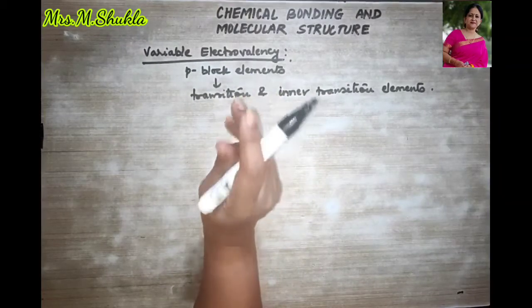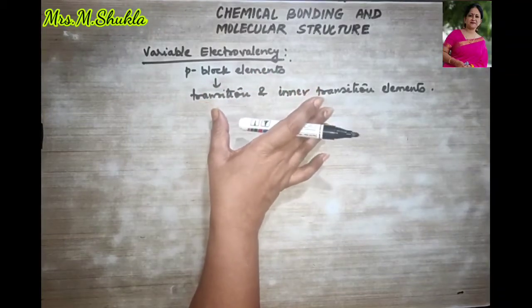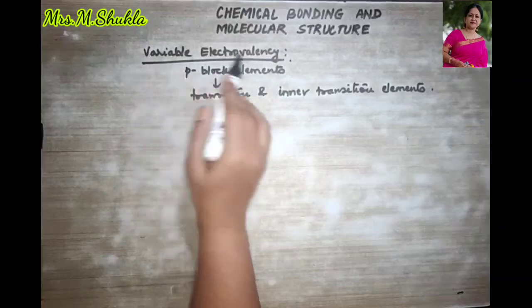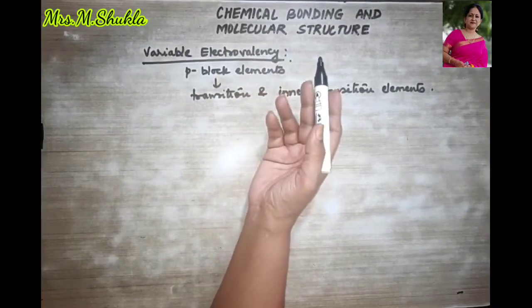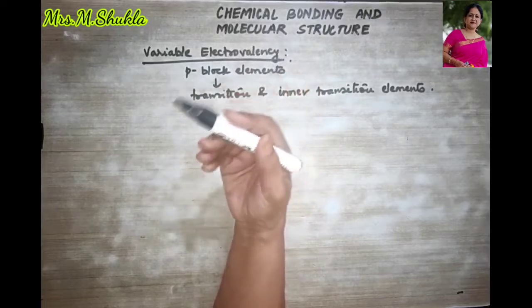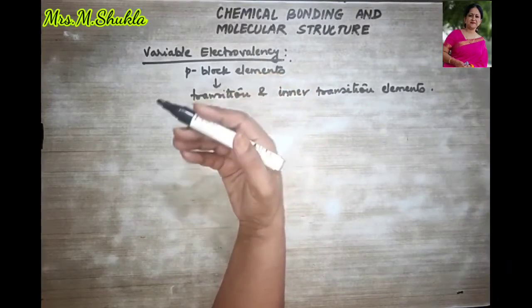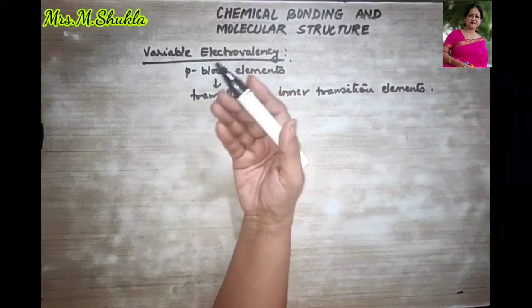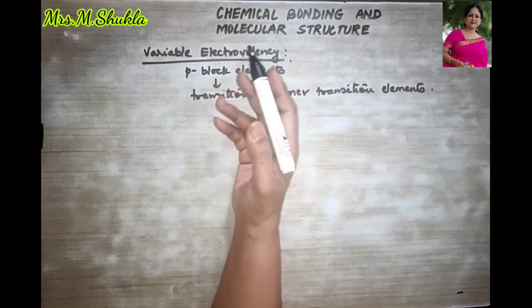Now, what are the reasons for this variable electrovalency? I hope you understand variable electrovalency means they have more than one valency. For example, iron is a transition element and its valency is +2, +3, or lead, it is +2, +4, and so on.